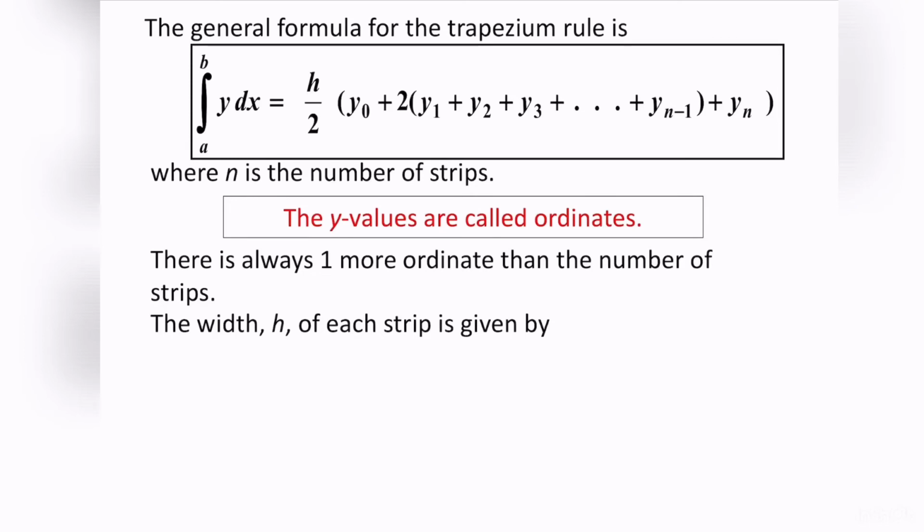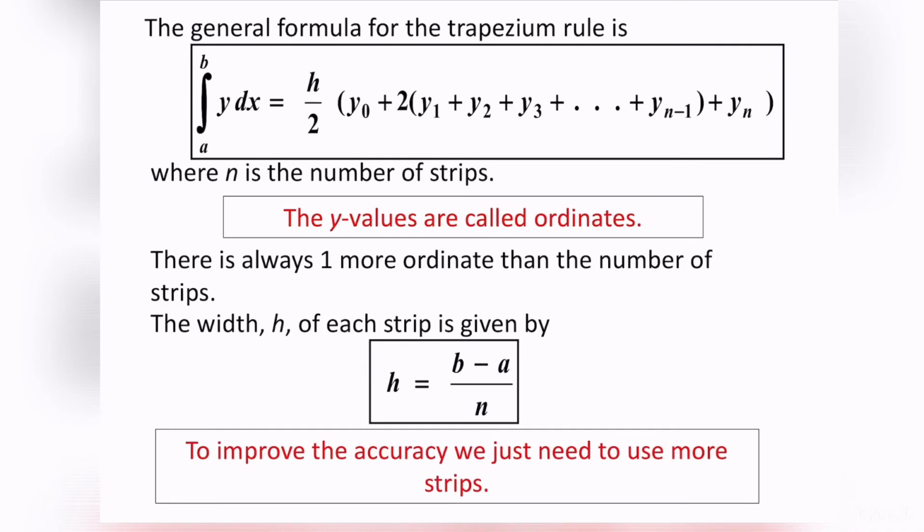So there will be 6 of them. If you have 5 strips, you will have 6 y's, okay? And the width h of each strip is given by, as we said, b minus a divided by n, which means the width of the area under the curve divided by n, which is the number of strips.